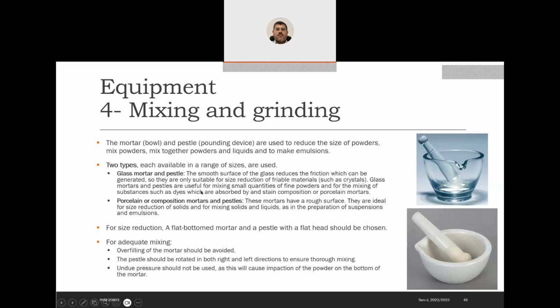Okay, so stain compositions or dyes that can be absorbed by porcelain mortars cannot be ground or mixed in porcelain mortars.